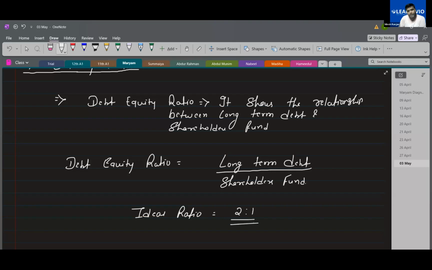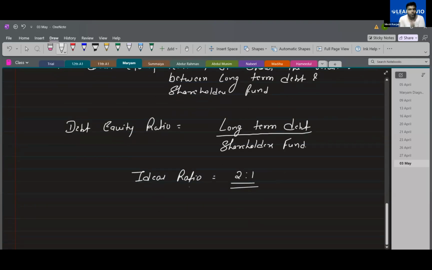Why 2:1? Because if you have your own funding, meaning investment done by you or the other owners of the company, say you have invested 5 lakh into the company, then you can take a loan of up to 10 lakh. That is assumed good. But in today's time, companies borrow very heavy amounts.